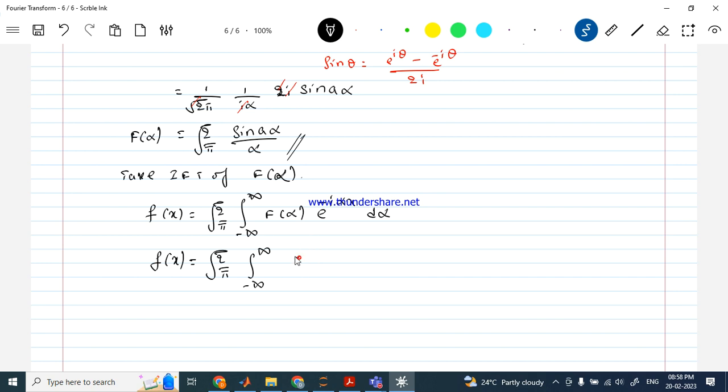F of alpha is square root of 2 by pi sin a alpha by alpha, e power minus i alpha x d alpha.